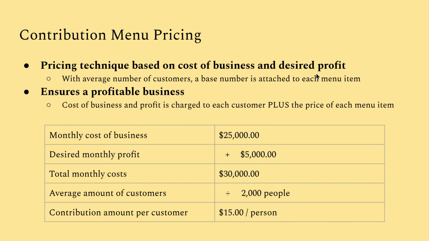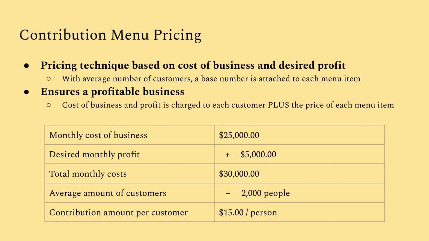So this is what contribution pricing is. It's a technique based off the cost of business and desired profit. You will then take those two numbers as they are added together, divided by the average number of customers you see within a month, and then you're going to get this base number, this base monetary value to attach to each menu item.